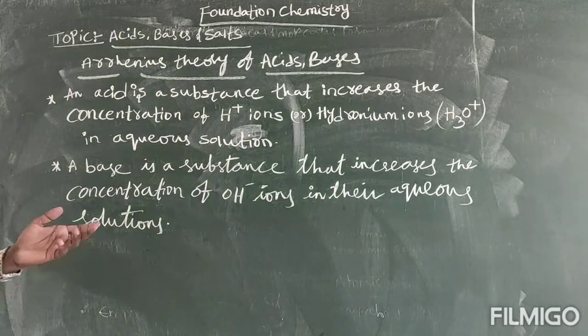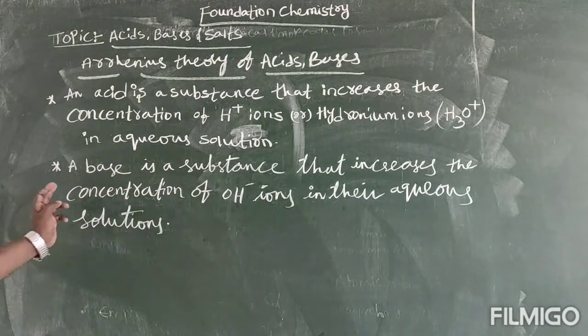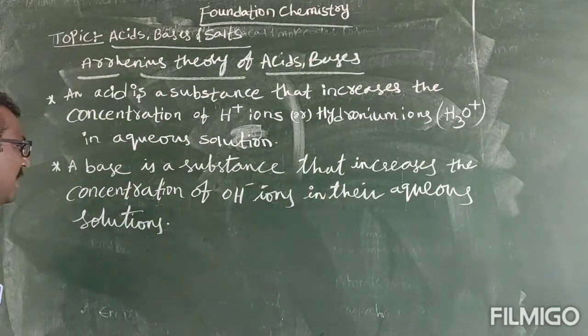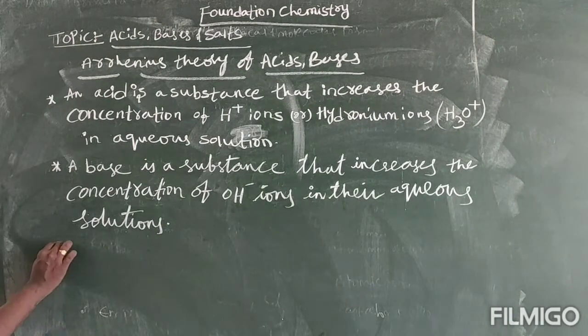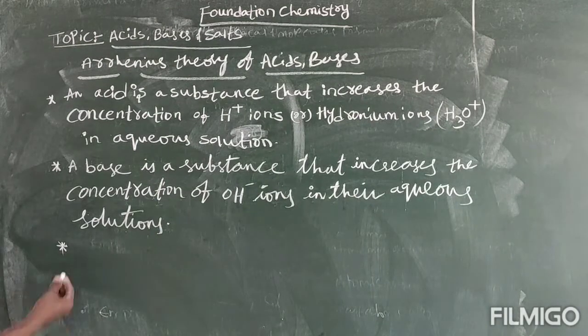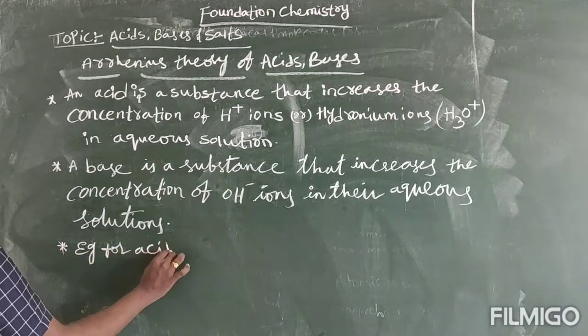So an acid according to Arrhenius theory is a substance that increases the concentration of H plus ions or hydronium ions in an aqueous solution. And a base is a substance that increases the concentration of OH minus ions in their aqueous solutions. So what are the examples of acids?